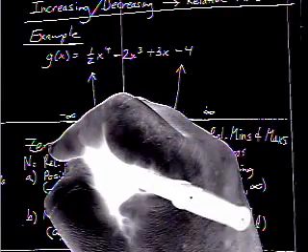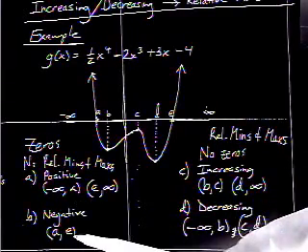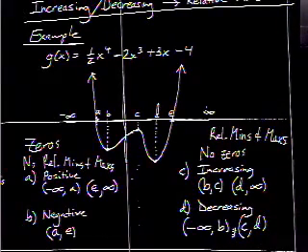This one's all about the zeros of the function. You notice I used A and E over here. So positive, negative uses the zeros, and relative mins and maxes are used in the increasing and decreasing situation.